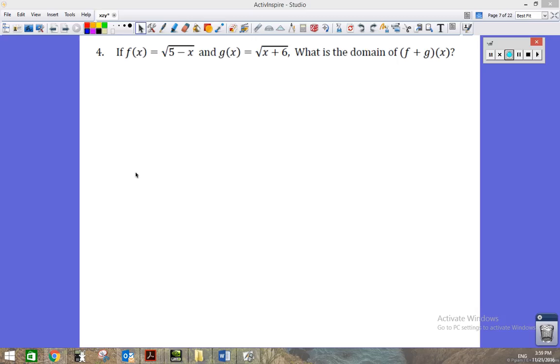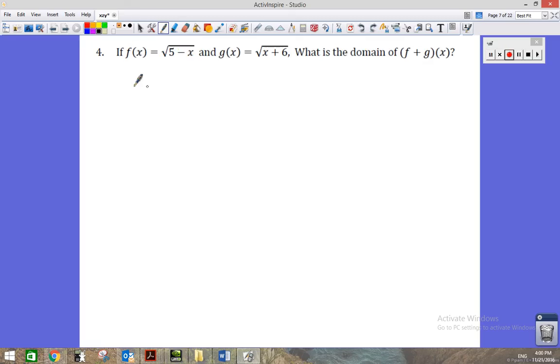To find the domain of any function, you start out the exact same way every time. The domain is the set of all real numbers, excluding any values that cause division by 0. We don't have any x's in the denominator, so we don't have to worry about values of x that cause division by 0. But we do have a variable that's underneath an even radical.